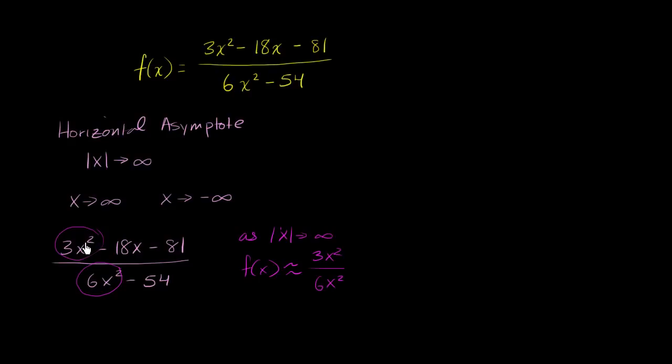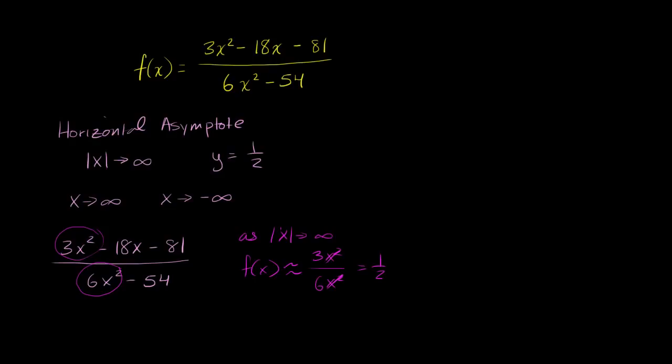The highest degree terms are going to be what dominates. And if we look at just those terms, then you could think of simplifying it in this way. So that's f of x is going to get closer and closer to 3/6 or 1/2. So you could say that there's a horizontal asymptote at y is equal to 1/2.